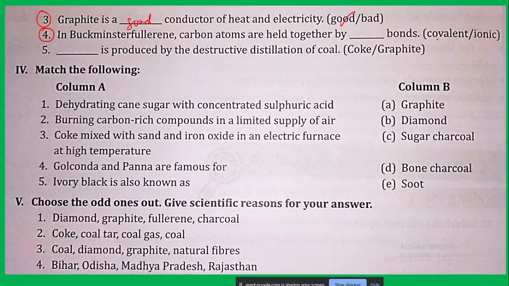They are held together by covalent bonds. You can remember that. Dash is produced by the destructive distillation of coal. Coke. Okay, so let us match this.